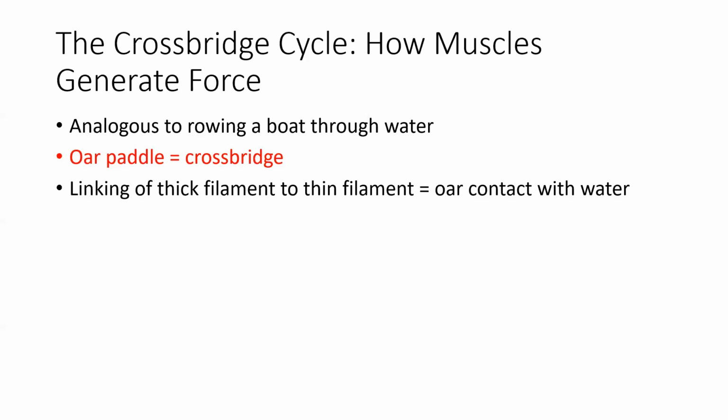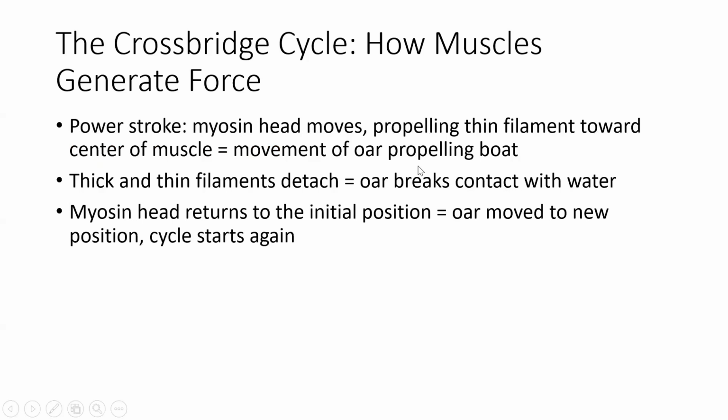The oar paddle is what's making contact and breaking contact. And we can think about the thick and thin filament as when the oar paddle contacts the water. That is the breaking and making of that cross bridge.